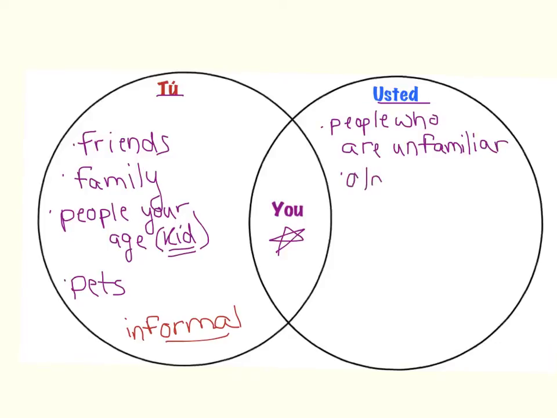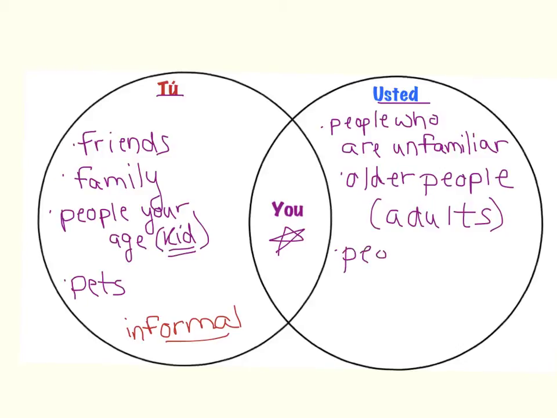Again, not necessarily your grandparents if you know them well, but just older people in general, meaning adults, your friend's mom, and so on. And people of authority, like your teachers.